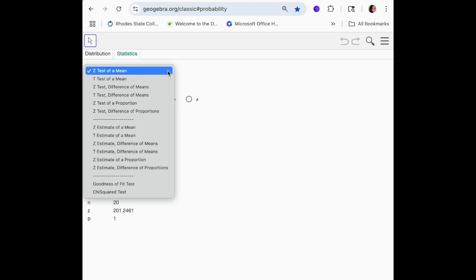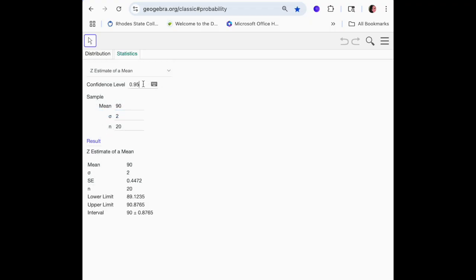In the example we just did, we used a z-interval to estimate a mean. So up here where you see all the tests, we haven't covered that yet. These are for hypothesis testing. So for confidence intervals, you want to look down here where it says estimate. And we used a z-estimate of a mean. So we're going to choose that one.